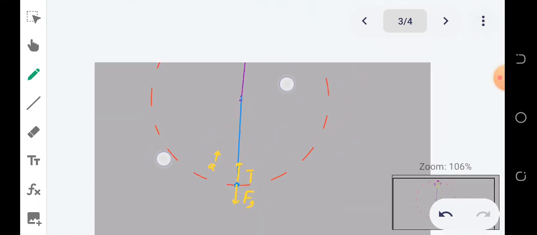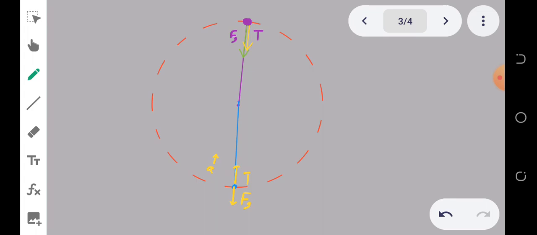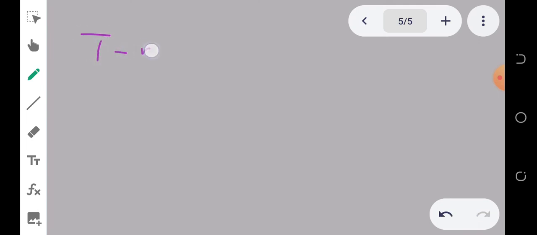So if we set upwards as positive and downwards as negative, we end up with this equation: the tension force is positive, but the gravitational force is downwards, which means it is negative, and this is equal to the centripetal acceleration term, which is positive because the acceleration is upwards.